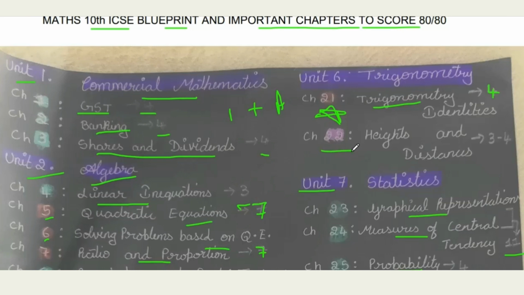If you understand, you could do a little bit, but if you are attempting heights and distances, do remember, students, that you should read the question twice or thrice, because heights and distances questions are a little bit tricky, and this comes in part B. If you want to leave this chapter, you could leave. So this consists of 3 to 4 marks.